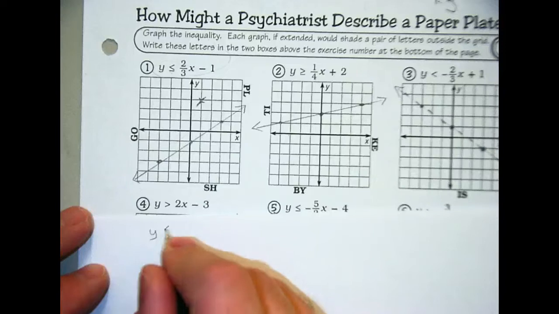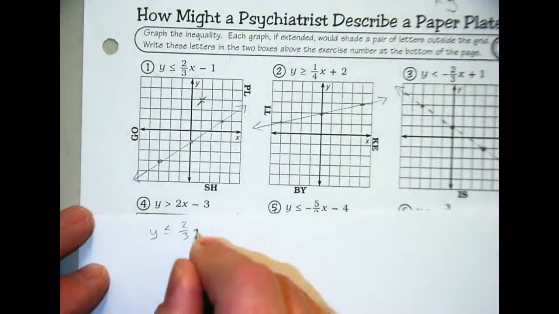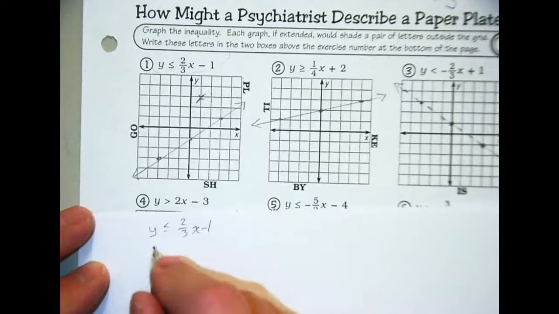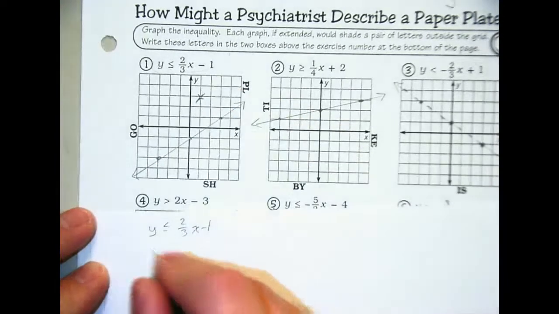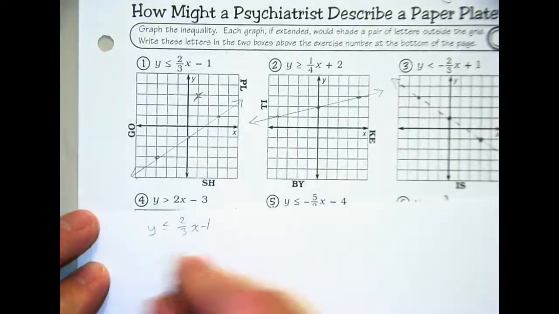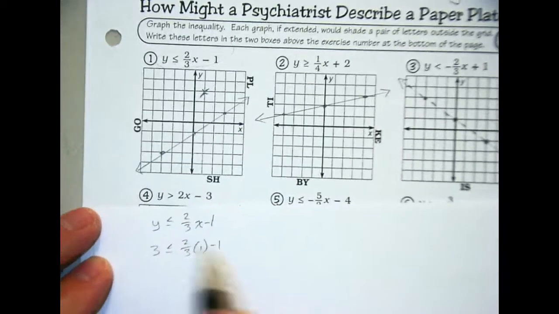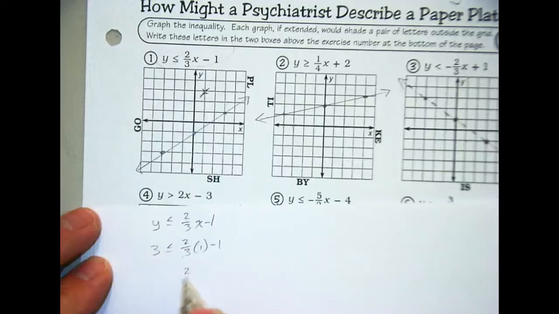So I have y is less than or equal to 2/3 x minus 1. If I plug in 1 and 3, x is 1, y is 3. So we put it in here. That gives me 2 times 1 divided by 3, or 2/3, minus 1.